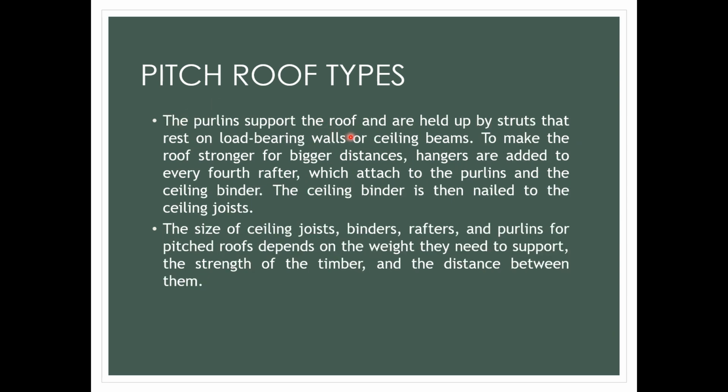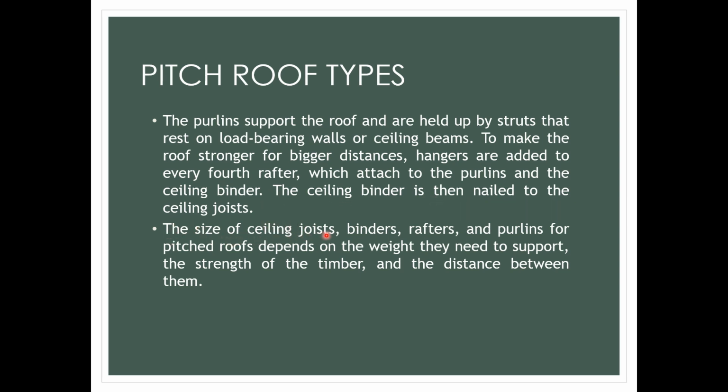The purlin supports the roof and is held up by struts that rest on load-bearing walls or ceiling beams. To make the roof stronger for bigger distances, hangers are added to every fourth rafter, which attach to the purlin and the ceiling binder. The ceiling binder is then nailed to the ceiling joists.